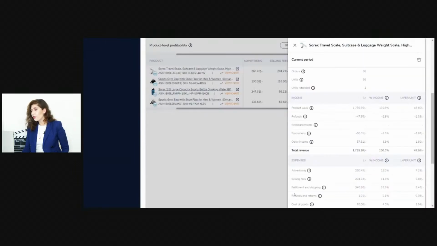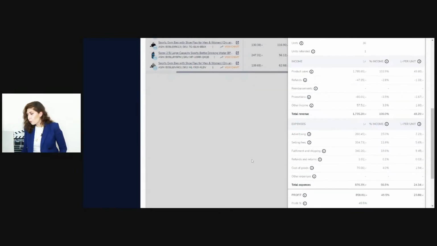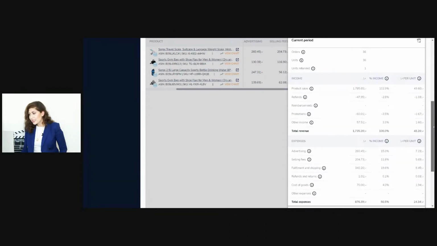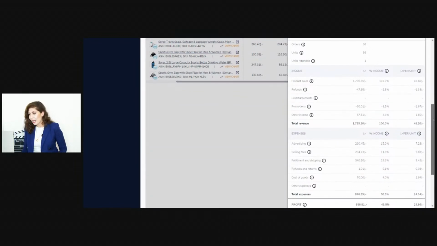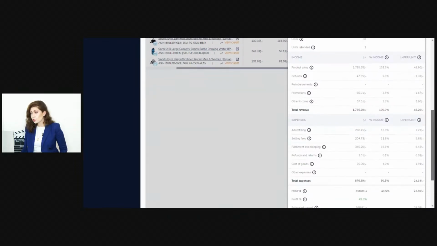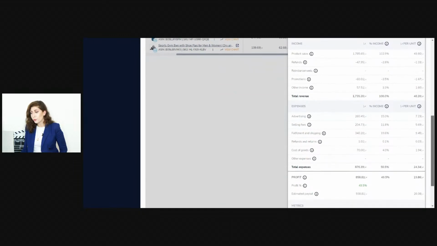Now, if we click on the P&L here for a particular product, you'll see that you can actually check, and again, we're looking at 30 days here, exactly how much money you're making per product. Same idea as your store, however, it's breaking it down per product.